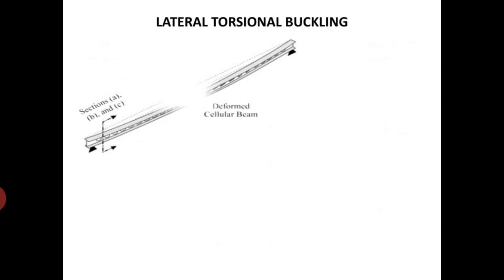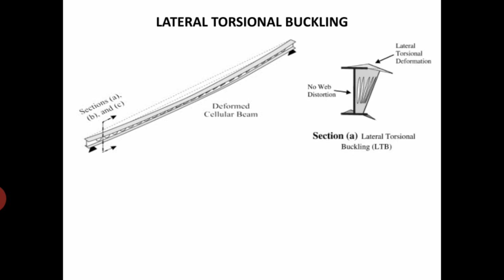So here you can see the lateral torsional buckling. Here the twisting about its longitudinal axis is taking place. This also shows no web distortion, but the lateral torsional deformation of the flange is taking place.